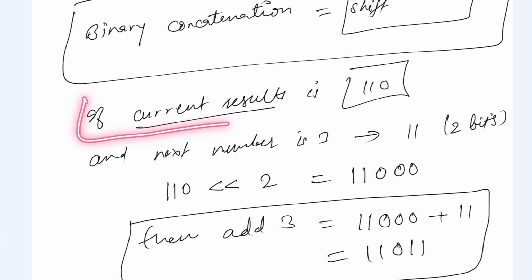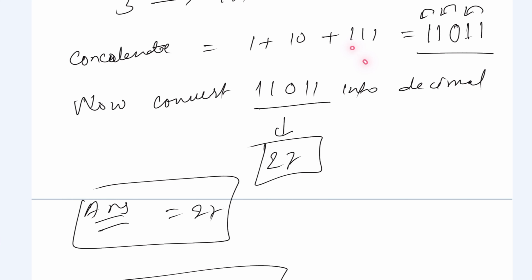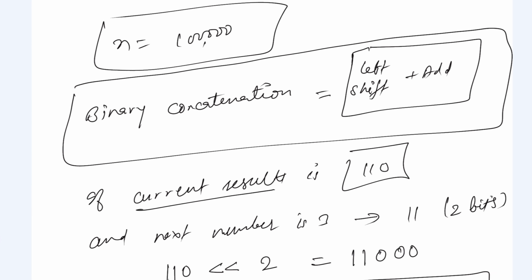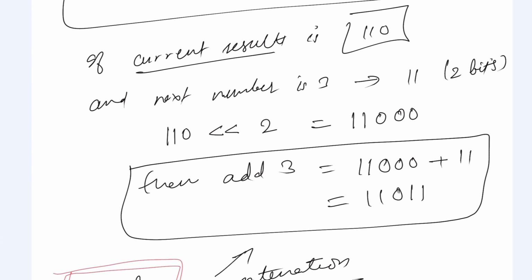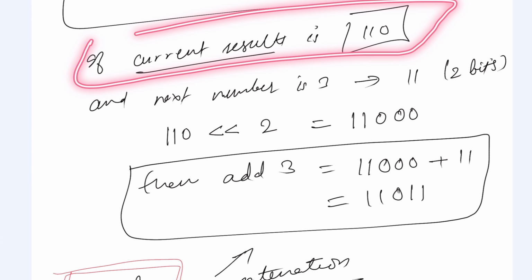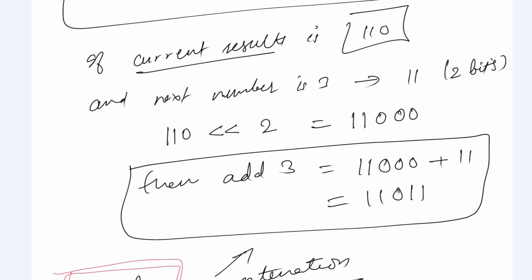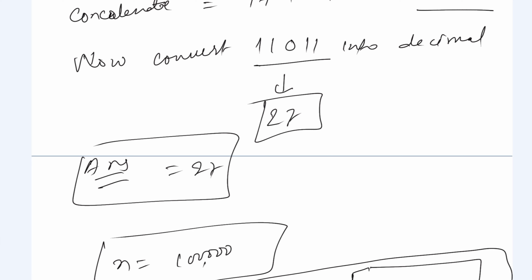If the current result is this one, the next value we have to add is 3, which is 11. There we have written triple one, that is not correct. It should be 1 for 1, 10 for 2, and 11 for 3. So you can update it here.